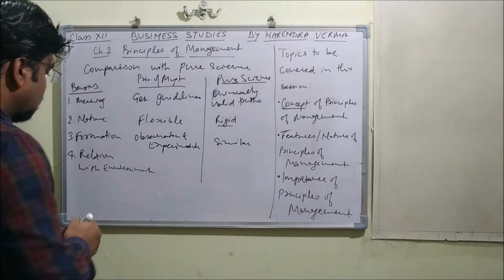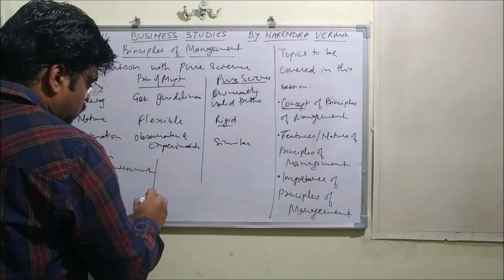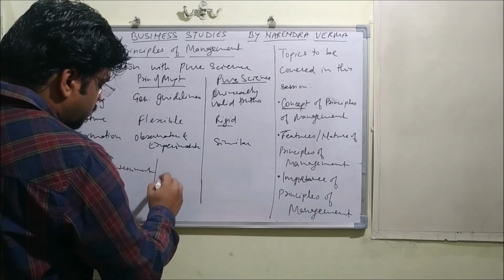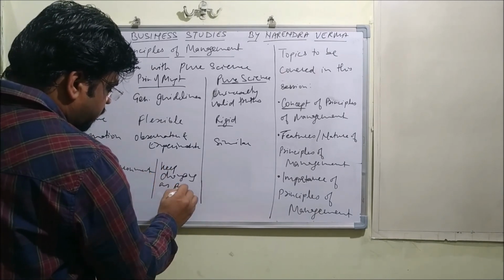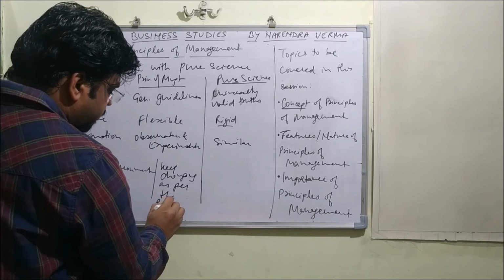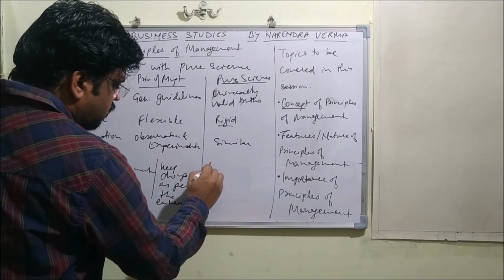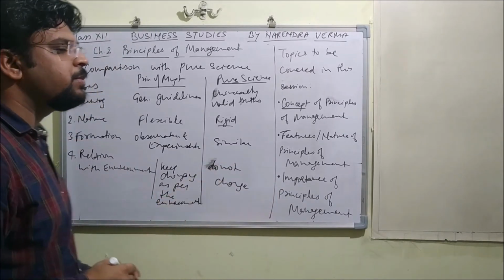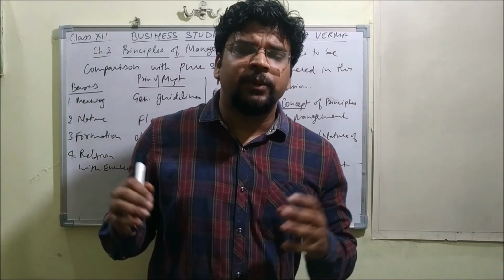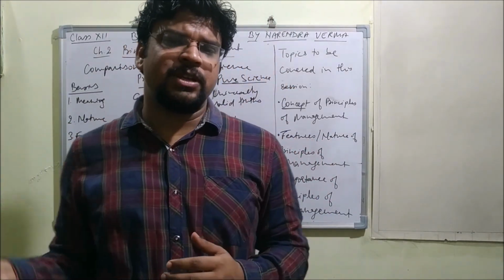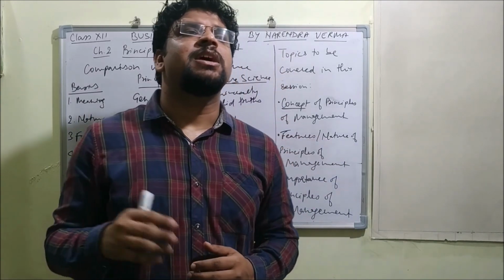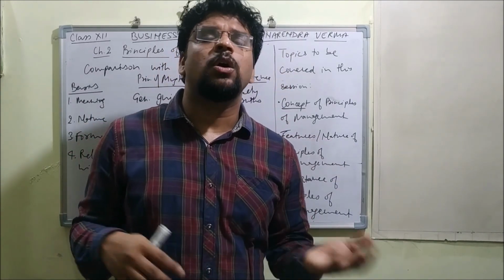Now let's talk about relation with environment. Principles of management keep changing as per the environment, whereas pure science principles do not change. Like I told you, a business organization works in a business environment, so whatever is happening in the environment, our business is affected by it, either positively or negatively.